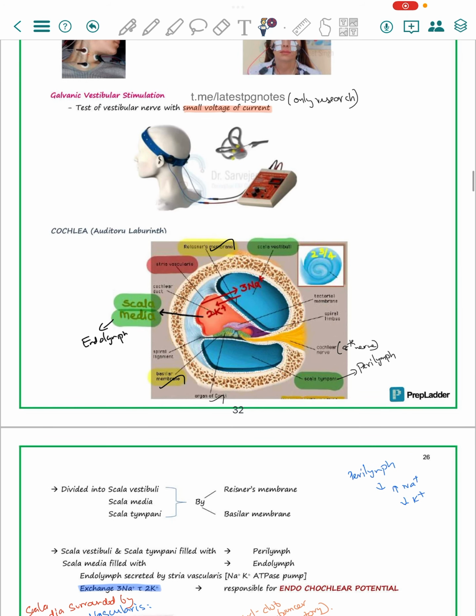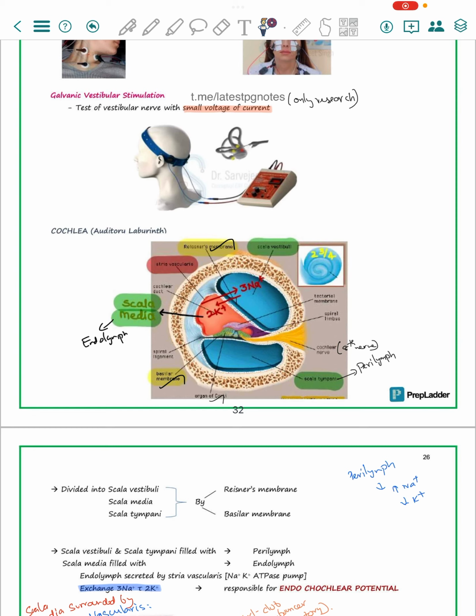Then we are going to the auditory labyrinth. The auditory part is the cochlea. As I said earlier, the space between the bony labyrinth and membranous labyrinth contains perilymph, guys, whereas the space within the membranous labyrinth contains endolymph. The two membranes, as I said, are Reissner's membrane and the basilar membrane.